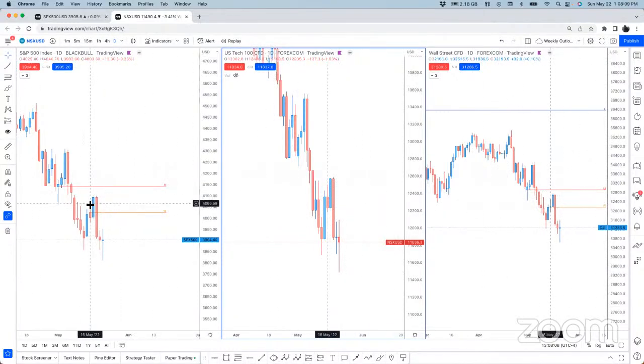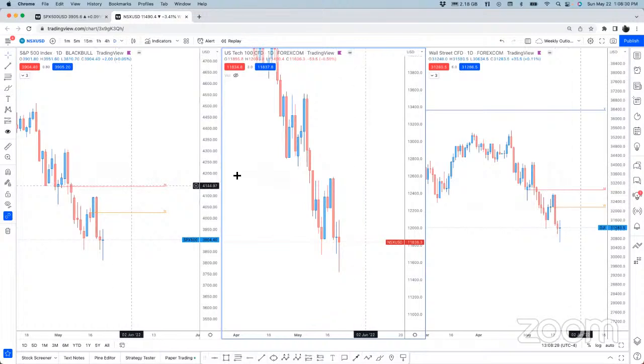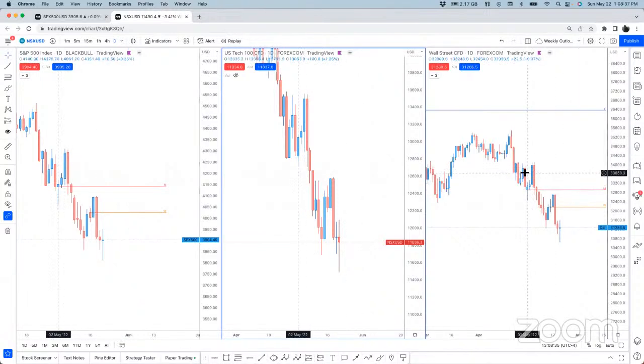And you can see on each one of these on the daily, we had a bearish order block right here on SPX, a bearish order block right here on NAS, and a bearish order block right here on US 30, right? What's right above the monthly on SPX was right above the monthly on US 30. Same thing, we have an order block here and an order block here.